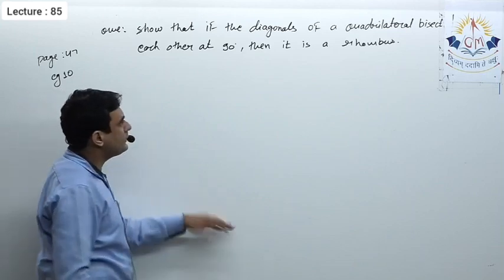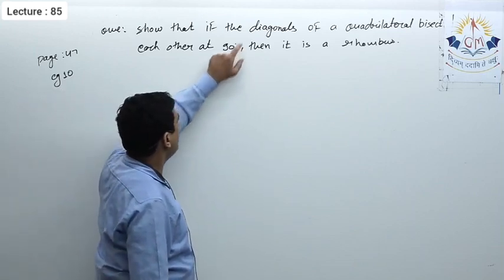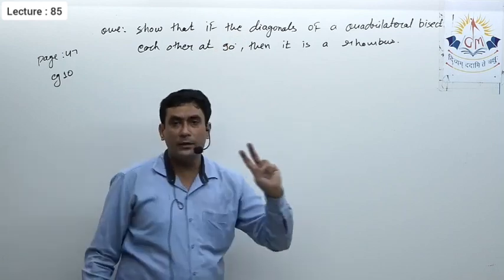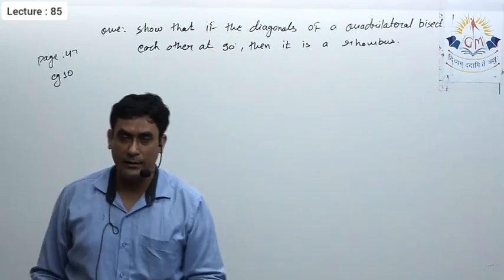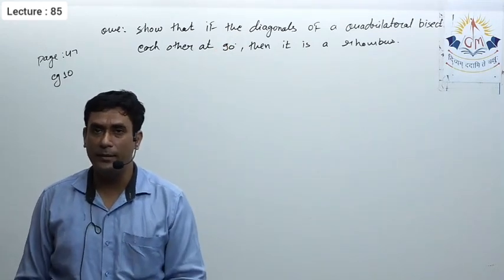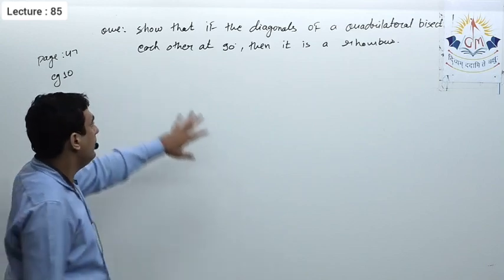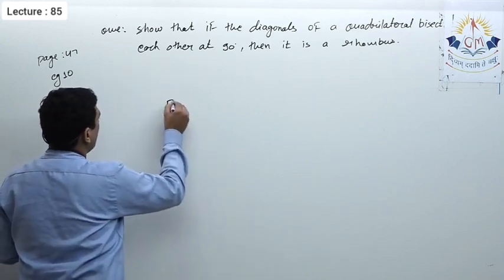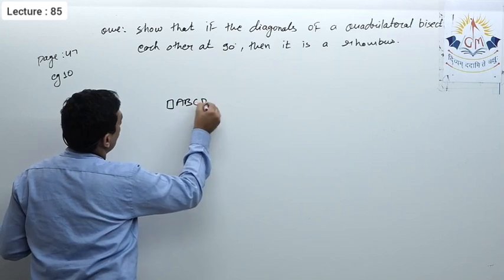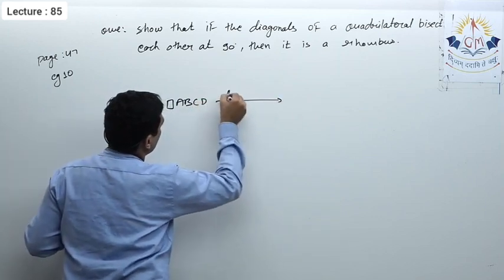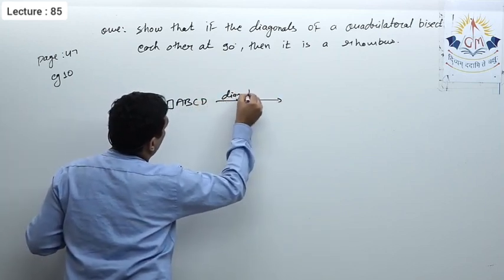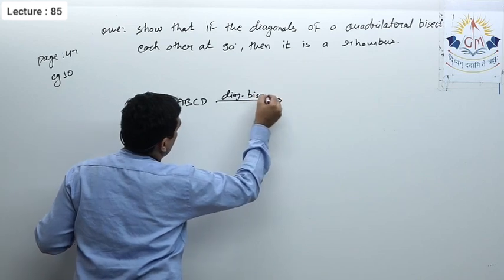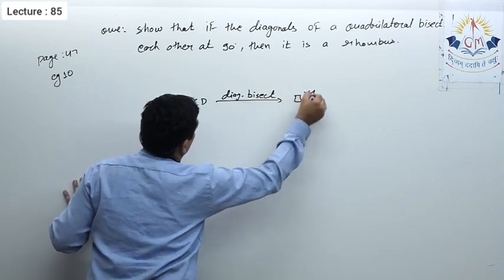See, if we use just the properties, it is easy to say. We know whenever the diagonals bisect each other in a quadrilateral, it's a parallelogram. So if I take quadrilateral ABCD, using this information, that diagonals bisect, I can say it will be a parallelogram.